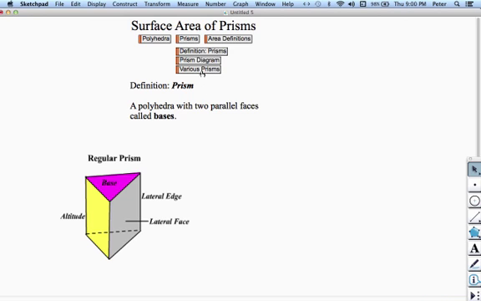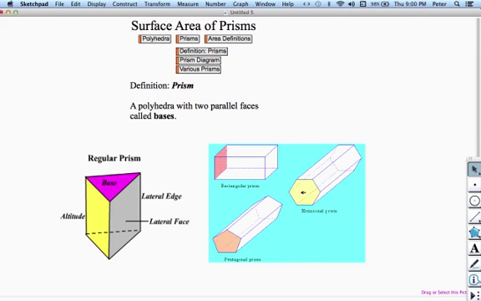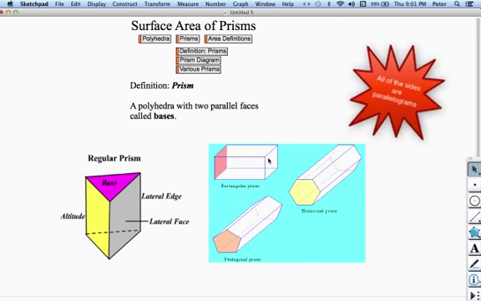Okay, let's take a look at some other kinds of prisms. As you can see, we have a hexagonal prism whose bases are two hexagons, a pentagonal prism whose faces are two pentagons, and then a rectangular prism. And with a rectangular prism, it's a little bit difficult to recognize what's the base, because in a prism, all of the sides are parallelograms.